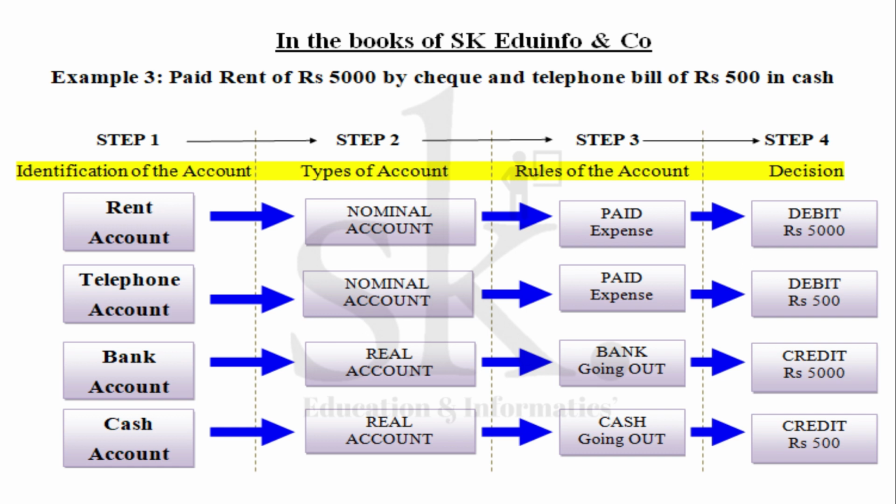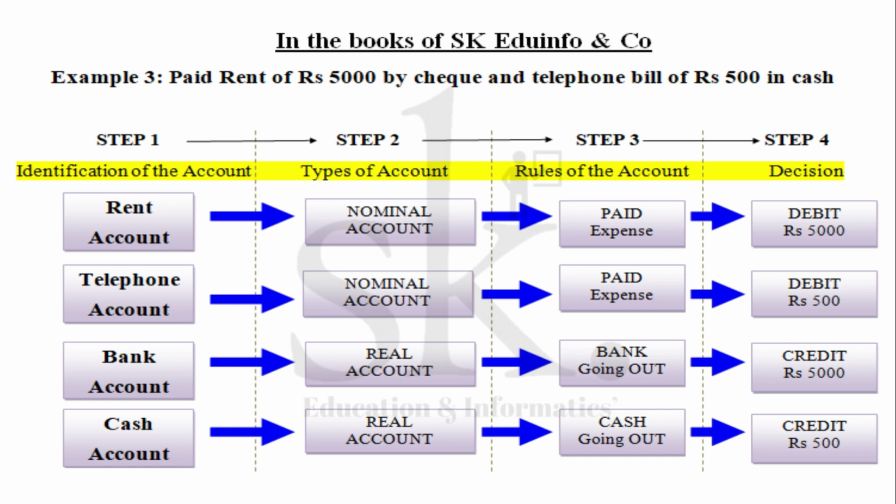Now you have paid rent, so it's an expense, it has to be debited. You have paid telephone bill, it's an expense, it has to be debited. Now rent has to be debited with rupees 5,000. Telephone has to be debited with rupees 500. Now you have paid rent rupees 5,000 by check. So your bank balance falls, so bank has to be credited with rupees 5,000.